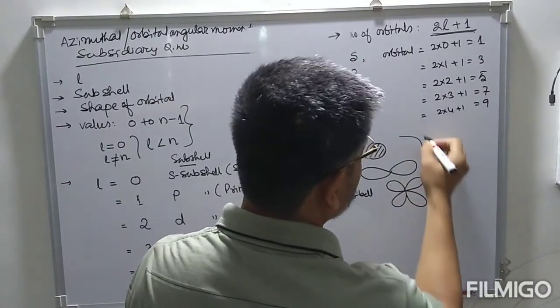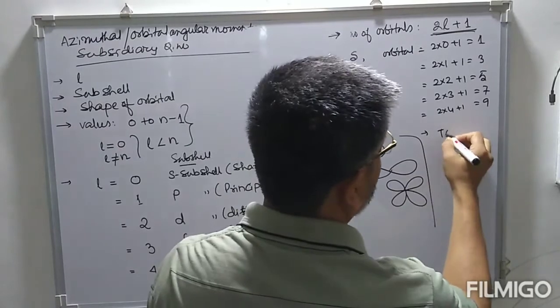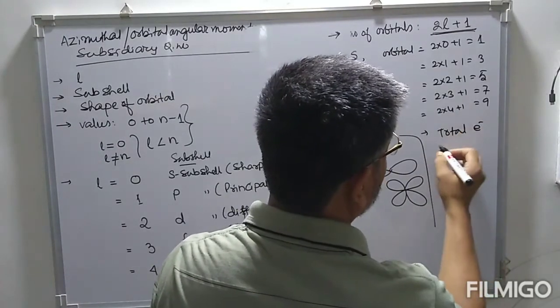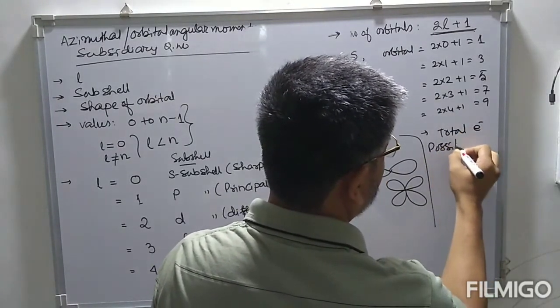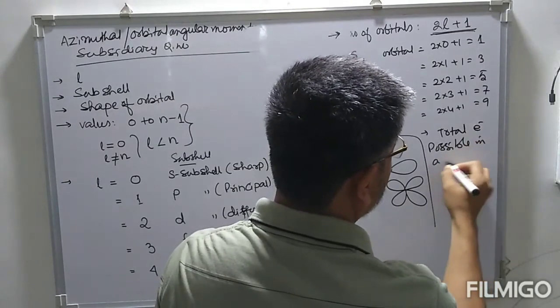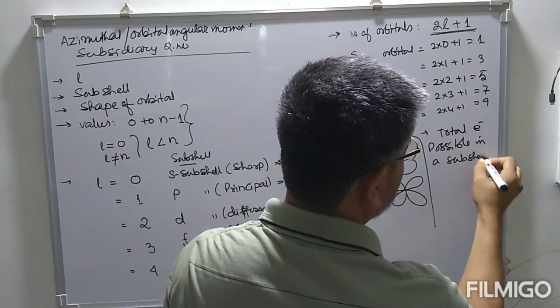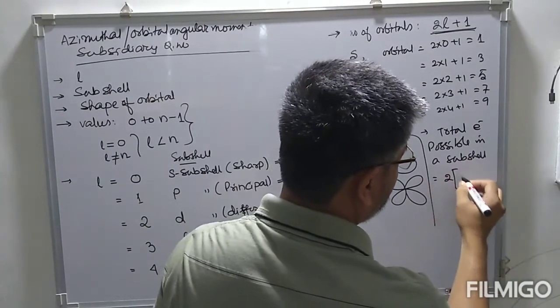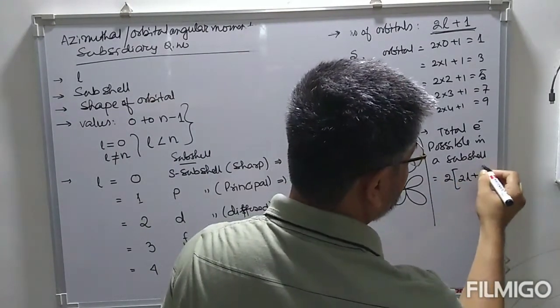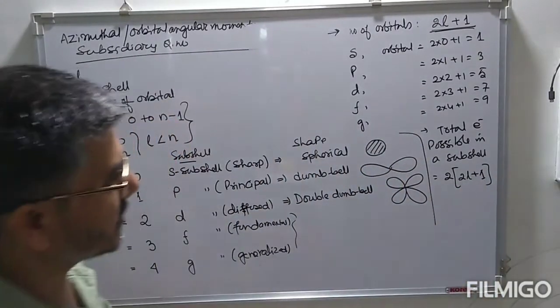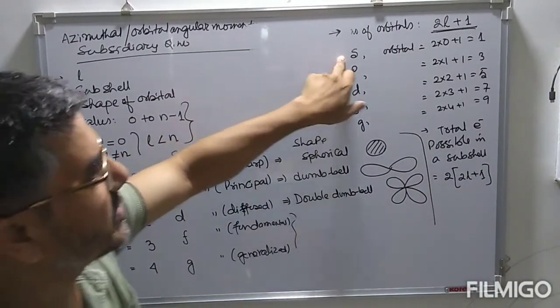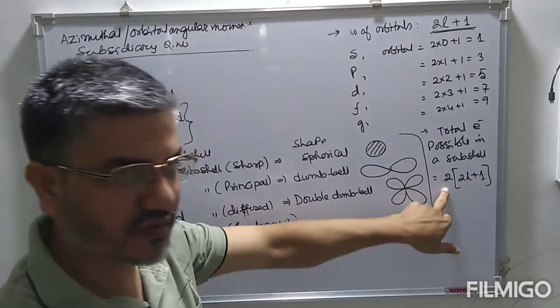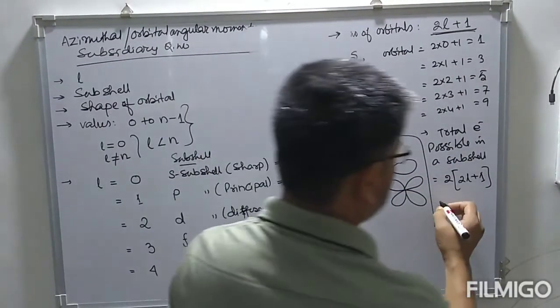And this L also gives total electrons possible in a subshell. So in any given subshell, how many total electrons are possible? So therefore look at this. S, how many orbitals? 1. So how many electrons are possible? 2 electrons.